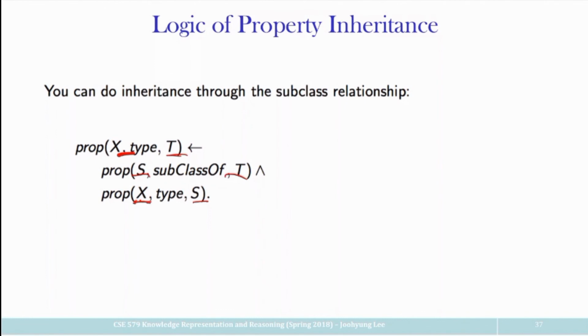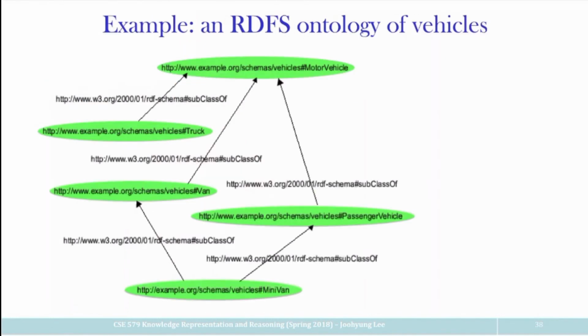If X is a type of S and S is a subclass of T, we can also say X is a type of T. So if C1 is a type of Lemon Laptop 10,000, and Lemon Laptop 10,000 is a subclass of Lemon Laptop, then X is a Lemon Laptop. This is what the rule says. The meaning of these predicates is precisely defined in a formal way, and you don't change that.